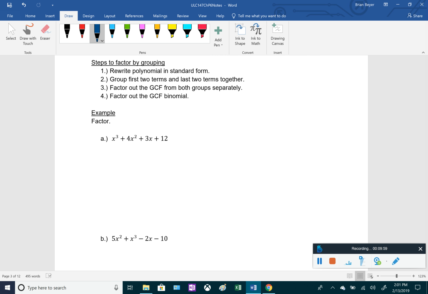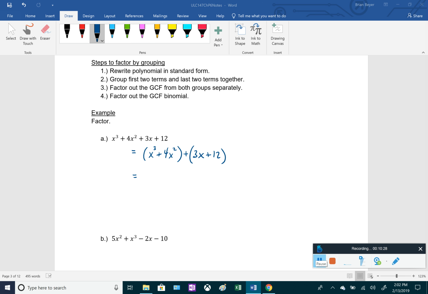So we have x cubed plus 4x squared plus 3x plus 12. It's already in standard form. So we're going to group the first two terms together using parentheses and group the last two terms together. Now you go inside each one of those parentheses, treat them as two separate problems, and factor out the GCF.